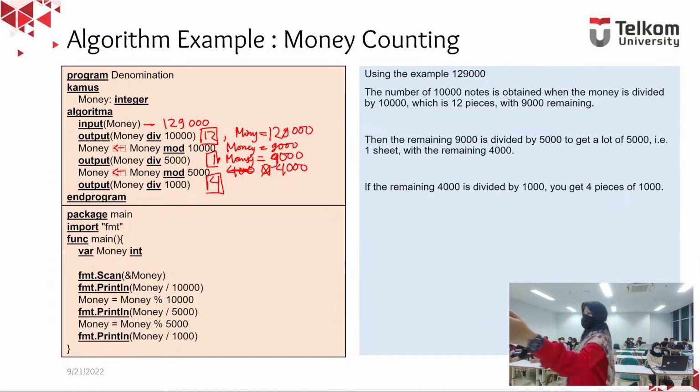Okay, so this is the example. On defining the variable, the name is still the same, money, and the data type is integer. And then what you need to pay attention to is to define the div and mod operations. So just remember to be aware of the data type.